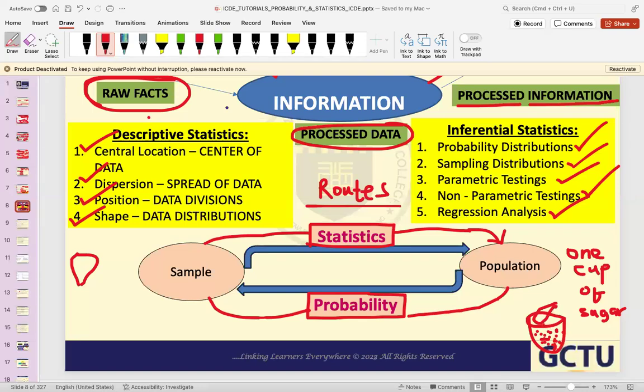Press your thumb. Now, after pressing your thumb in the cup of sugar, when you lifted your thumb, there were some sugar particles like this on the inner part of your thumb. So these were the sugar particles.